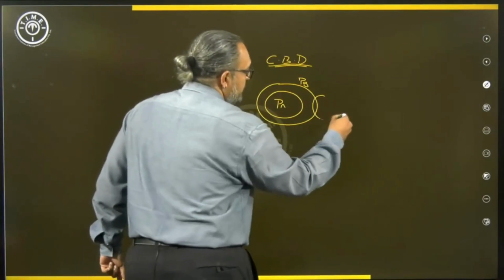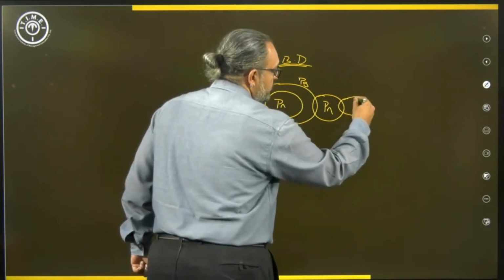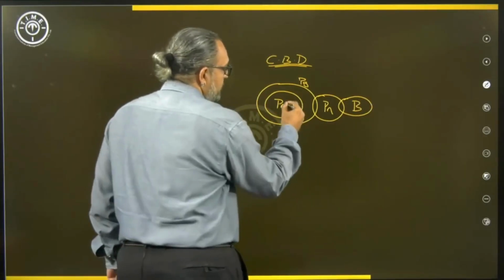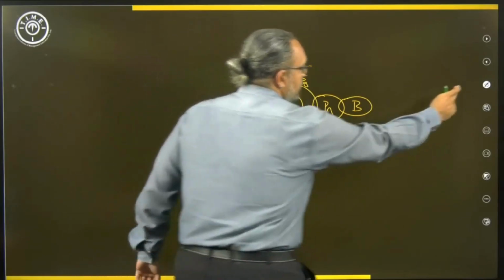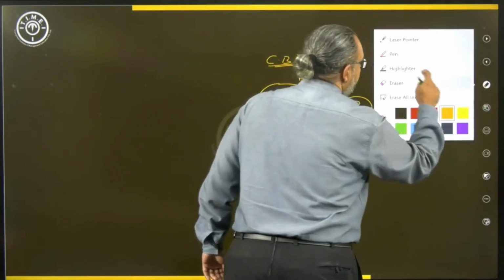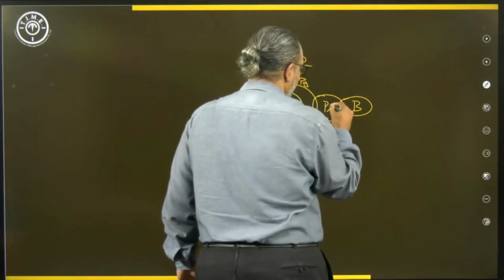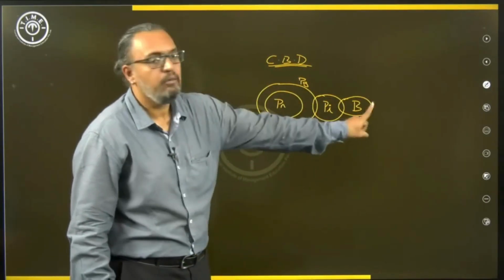So some pages are pins and some pins are boards. So this is pins, no? Okay. So let us change the second letter. Right. So we have pens, pages, pins and boards.